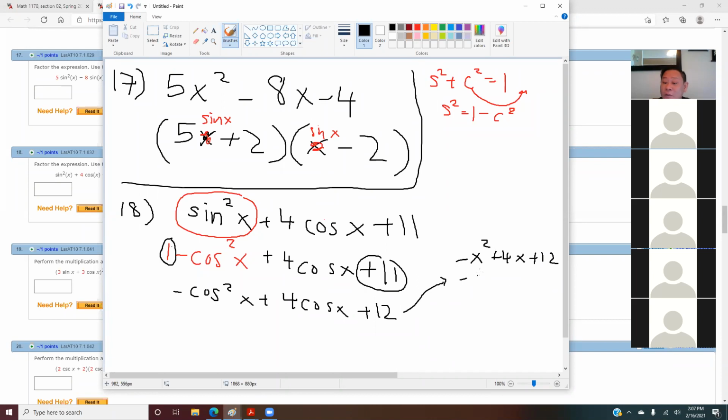You factor the negative out. Do you know what happens when you factor the negative out? All your signs have to be changed. So the negative becomes positive x squared, the positive 4x becomes negative 4x, and the 12 becomes negative 12. Now with this, you can factor it.